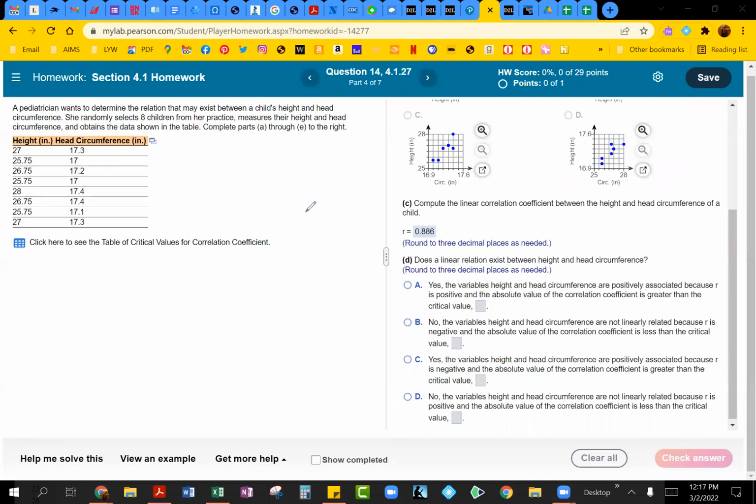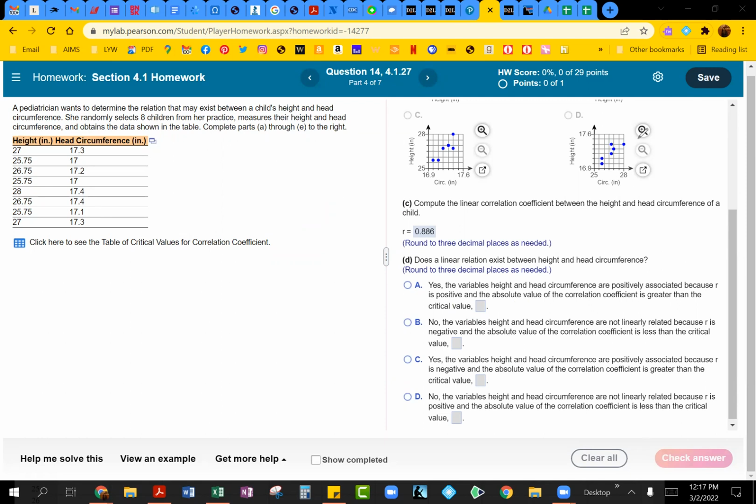Now if you have not had a chance to look through chapter 4 yet, the correlation coefficient value tells us a lot about whether our values are positively or negatively associated.